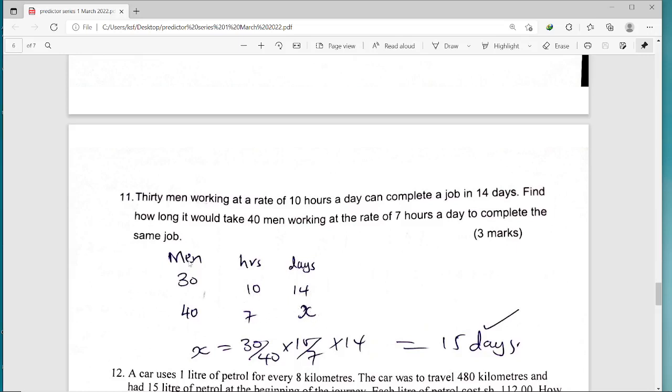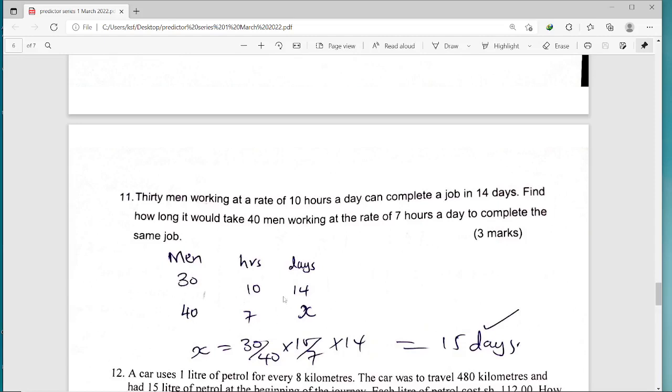So what to do, assume the hours are not there, assume they do not exist. So ask yourself, if 30 men take 14 days, what about 40?